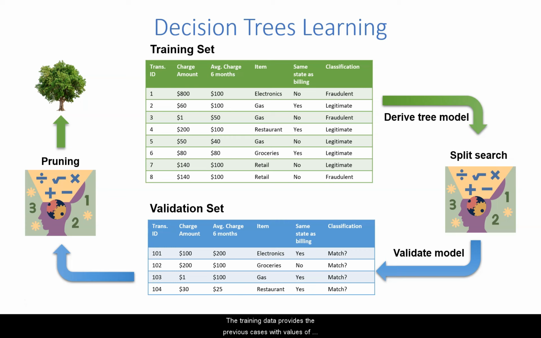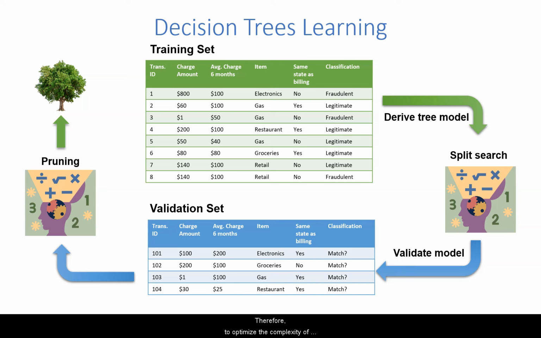The training data provides the previous cases with values of both predictor variables and a target variable to facilitate computer learning, and the split search algorithm will continuously partition the training cases to identify data patterns for classification or prediction. However, the tree models developed through this process often tend to overfit, which means fitting the training data very well but failing to generalize to unseen datasets such as the validation dataset.